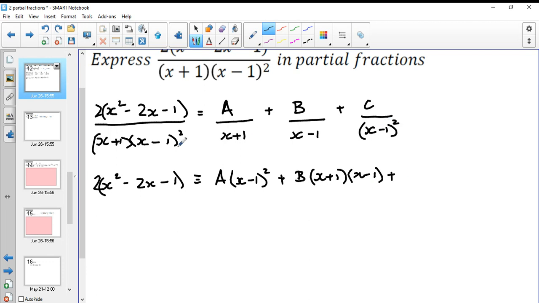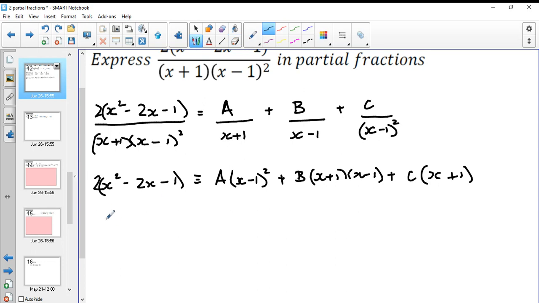And to get from here to here, we need to multiply by x plus 1. Now notice I did that carefully. I didn't just times that by the other two and that by the other two. If you do that, you'll end up with too many brackets here.